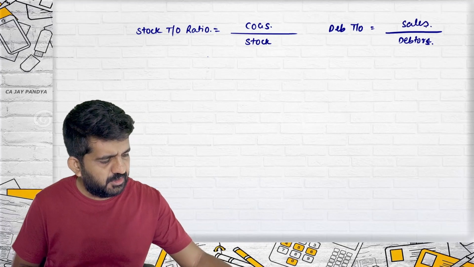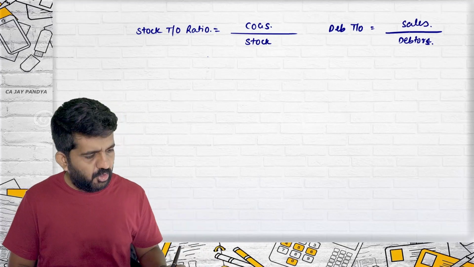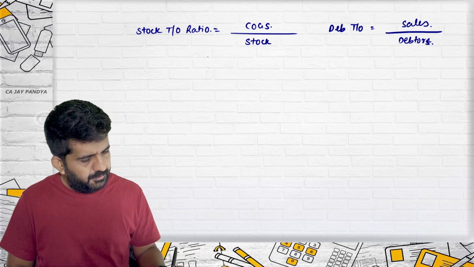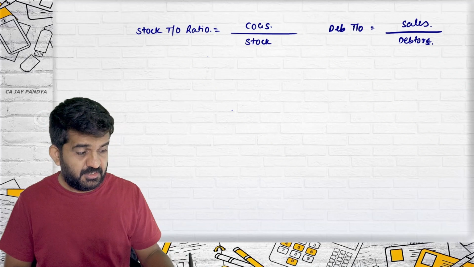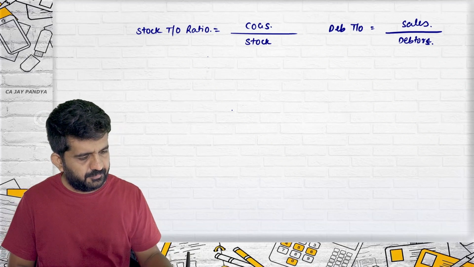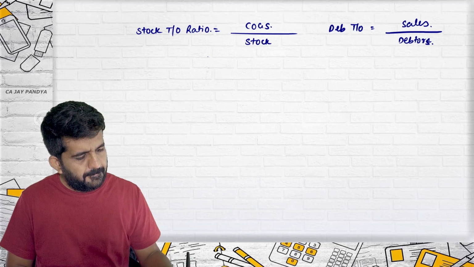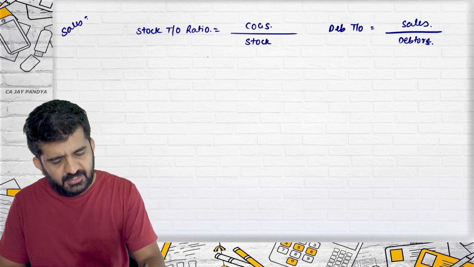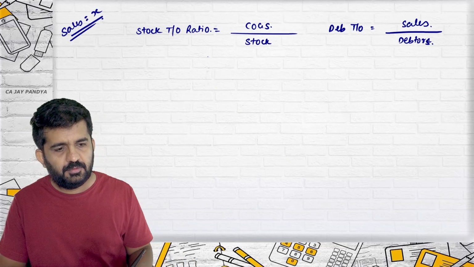I am assuming all sales are on credit. Oh, sorry, they have given all sales are on credit. Alright, COGS answer we are not knowing. Yes, let me assume sales is equal to X.